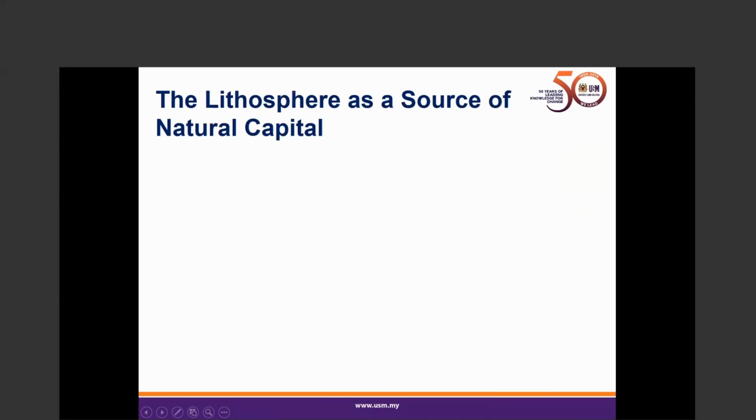The lithosphere is our main source of natural capital. What I mean by natural capital here is that it describes the resources or value of the environment, such as providing essential materials or absorbing waste. So the lithosphere is a crucial source of natural capital.